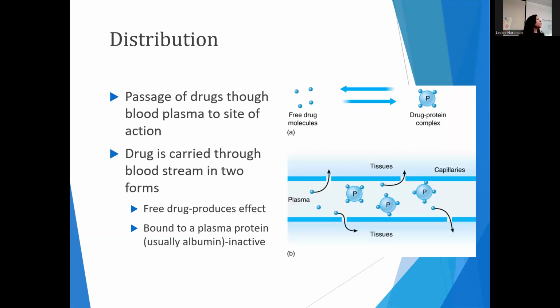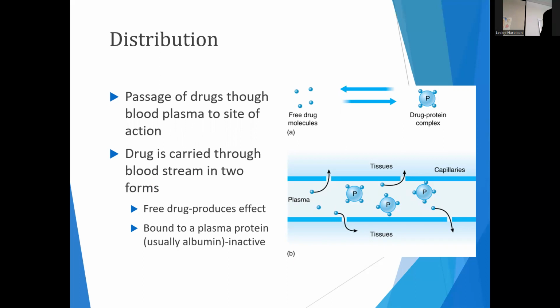So distribution: once a drug has gone through the cell membrane and is in the bloodstream, in the circulatory system, it's going to exist in the blood either bound to a protein, which is usually albumin, or just free floating.